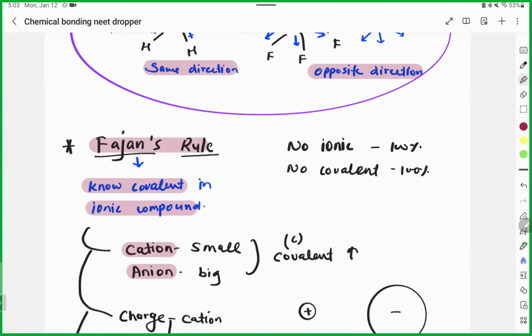Usually anion is big, cation is small. And due to difference in the size, there will be covalent character, correct? And covalent character will keep on increasing. Example, if cation size keeps on decreasing, covalent character will increase. Anion size big, covalent character will increase.